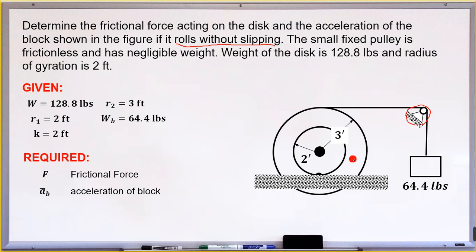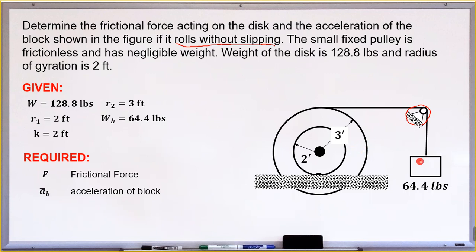Now, before creating an FBD, let's analyze the motion of our system, no. Let's assume lang. So it might change as we go along with the solution.